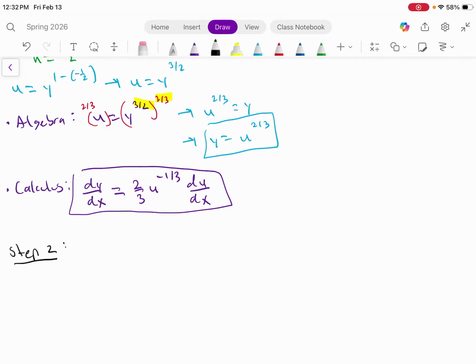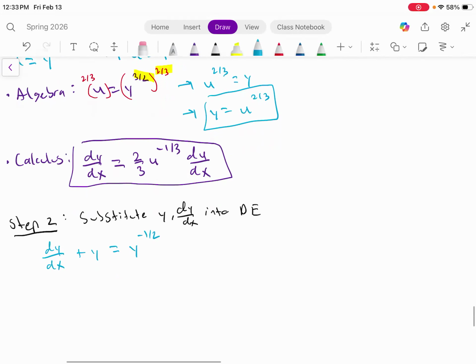So step two, substitute y and dy over dx into the differential equation. My differential equation from up above is dy over dx plus y equals y to the -1/2.